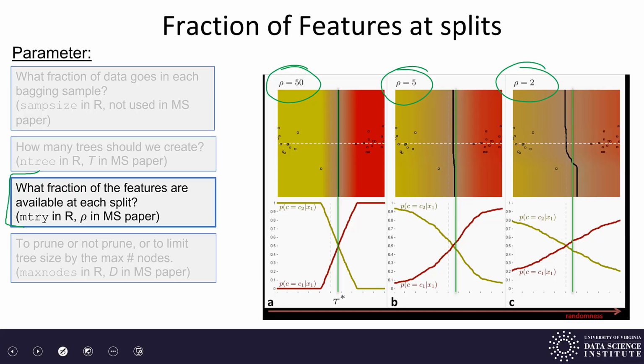When you have a larger fraction, what you see across the bottom are these probability curves as you take a slice across the plot on the white dotted line, and you get sharper distinctions, versus gradual blurring and broader gray areas in the regions as you decrease the fraction of features at each split. So we're getting more variety among our trees. That's going to make us more robust against overtraining, and it also creates more gray areas.